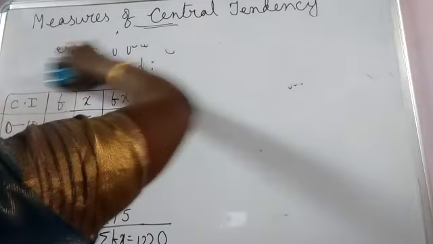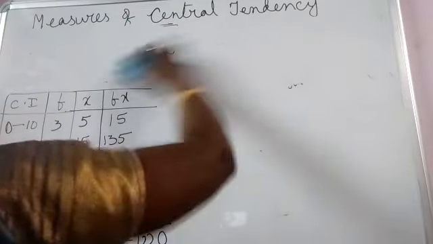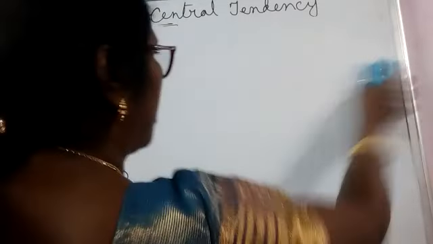For the same data, let us find. That's why I am not clearing this. Second method is shortcut method. Shortcut method of finding mean.